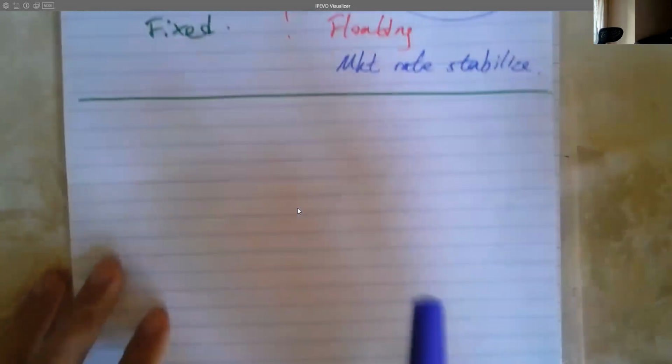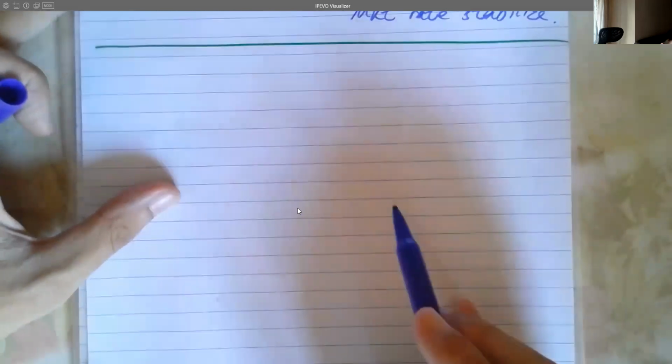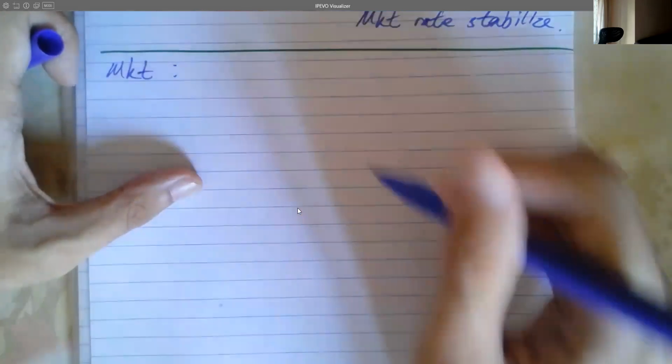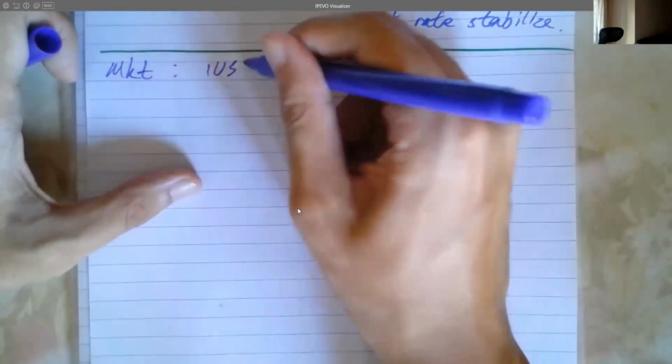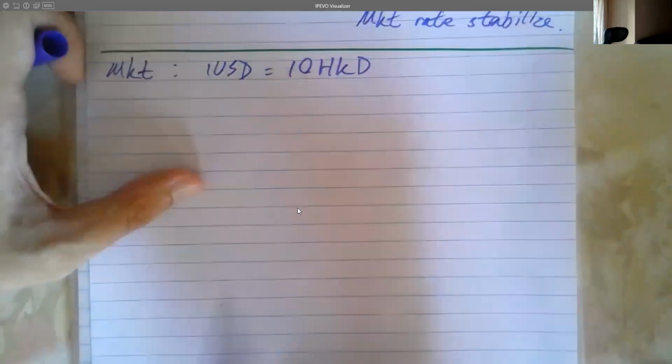Let's imagine the first case: right now the market rate somehow becomes 1 USD equals 10 Hong Kong dollars.